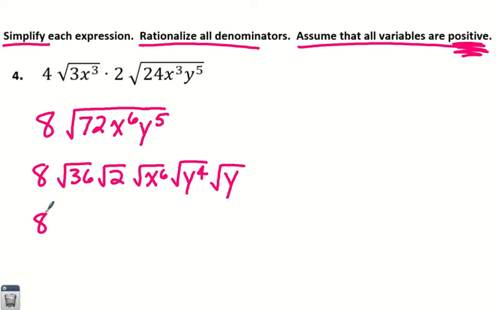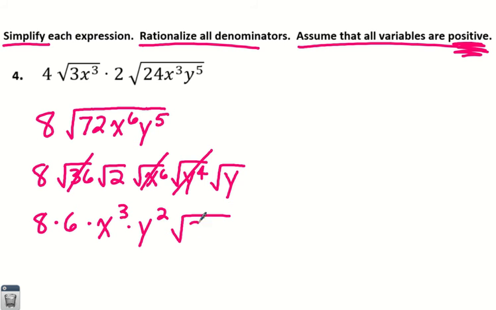So 8. This is going to become just 6. That I cannot do. This is going to become x to the third. This is going to become y to the second. And this cannot be simplified any further.